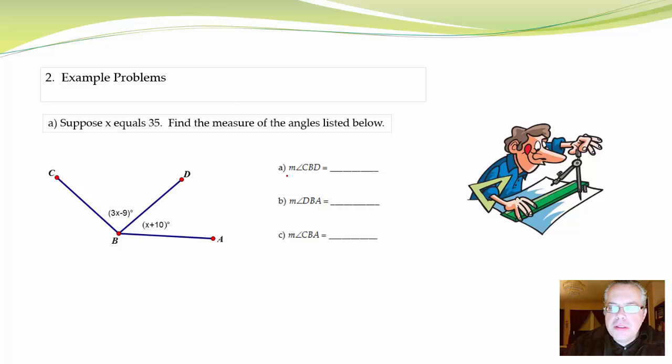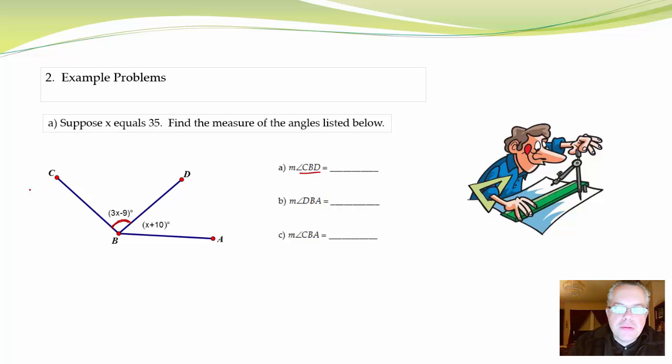This little m means measure of angle CBD. Angle CBD is the angle you get by tracing out those points with your finger. CBD is this angle right here. It's the angle marked 3x minus 9.